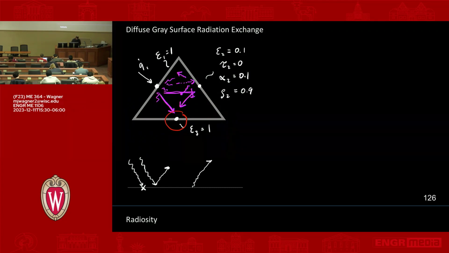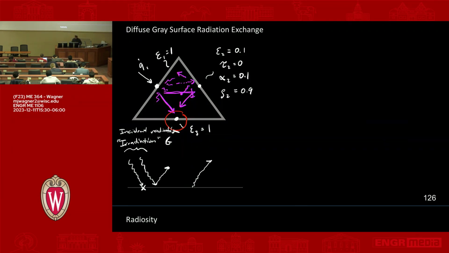Let me label some of this. This stuff that's coming in, we'll call incident radiation. It's also called irradiation, and we give that the symbol G. So G1 would be the irradiation coming into surface 1.